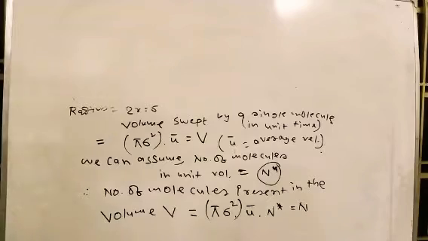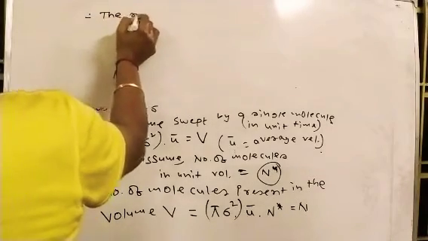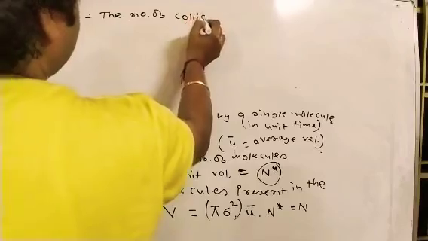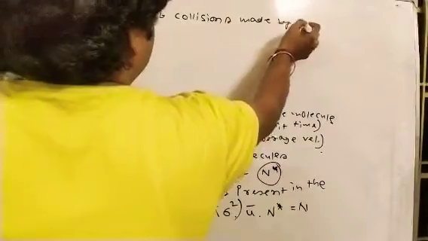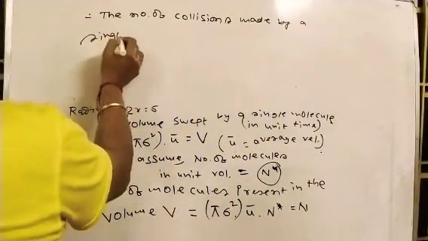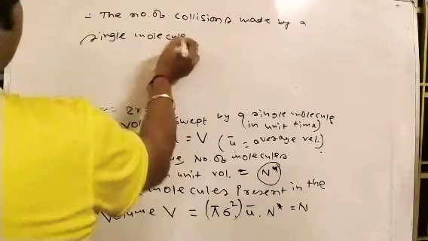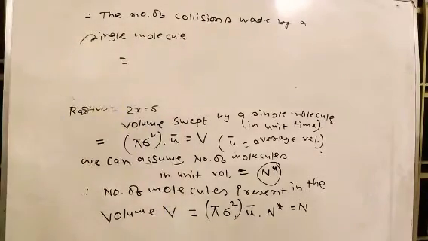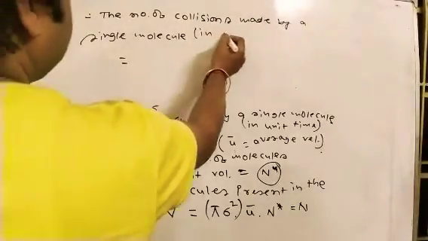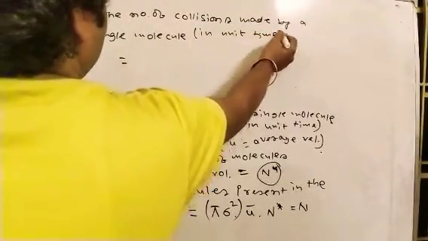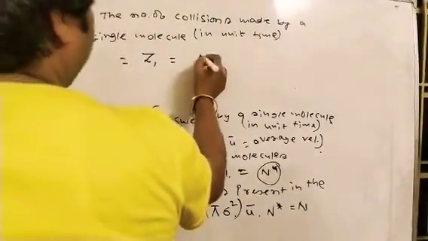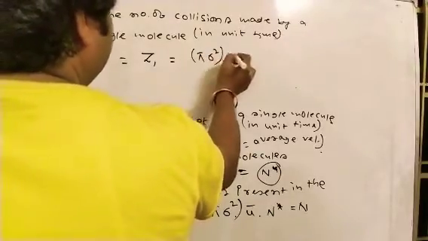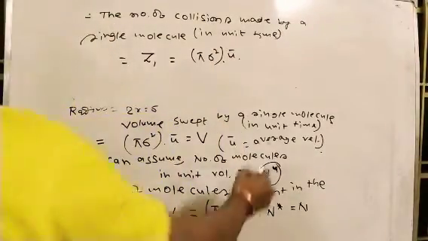Therefore, the number of collisions made by a single molecule, and obviously all those things are in unit time, we can designate this as Z1, and that will be equal to pi sigma square into u bar, that is the volume, and into n star.